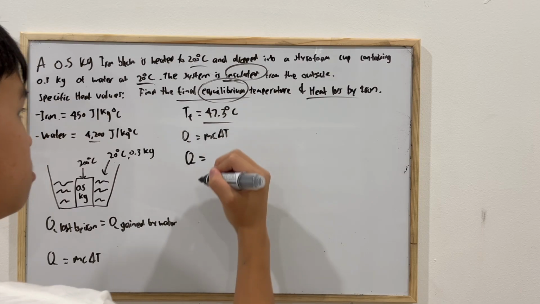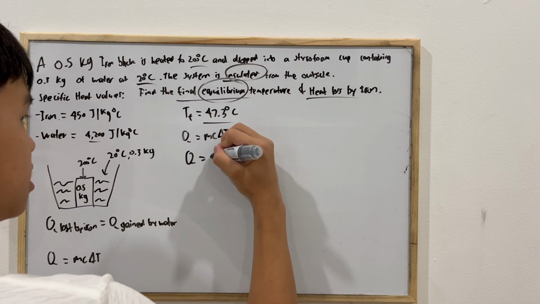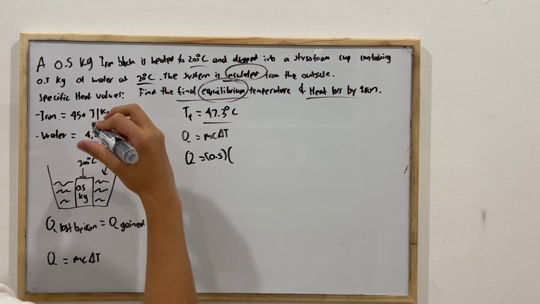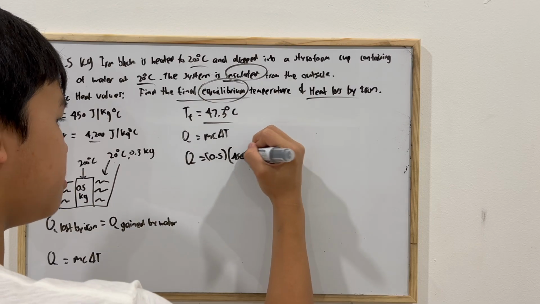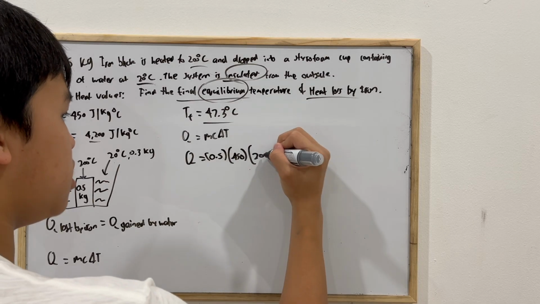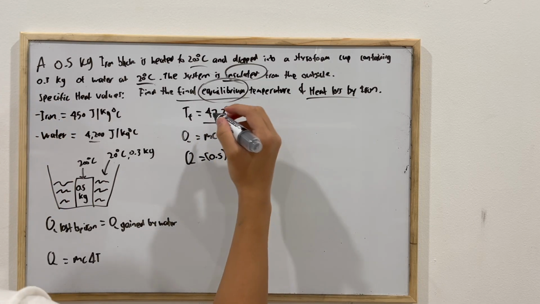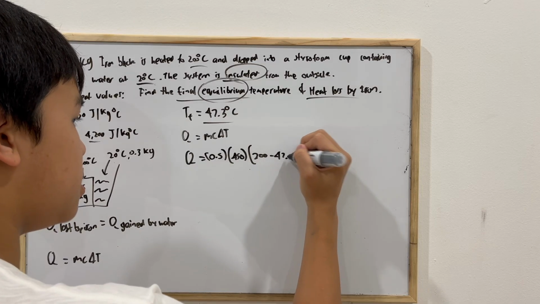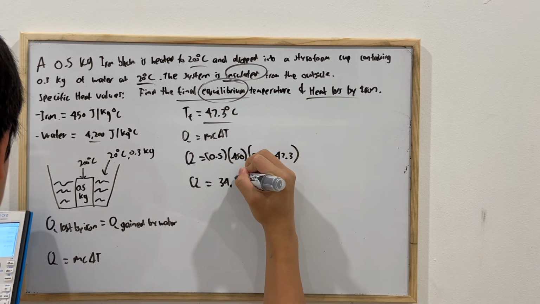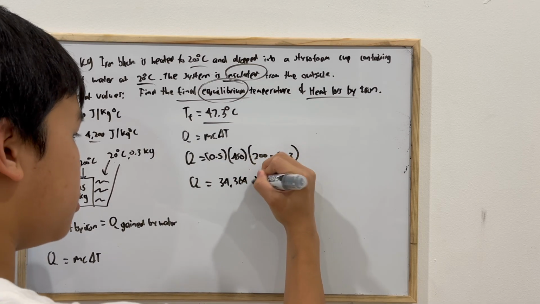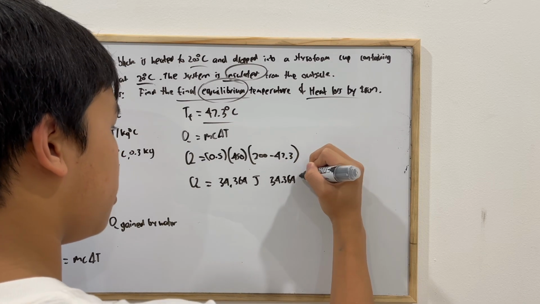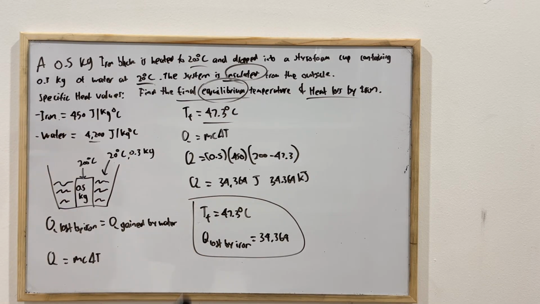So Q equals the mass of iron, which is 0.5 kilograms, and the specific heat value of iron in this situation is 450, times the initial temperature, which is 200, minus the final temperature, which we got is 47.3 degrees Celsius, which is going to give us 34,364 joules, or 34.364 kilojoules.